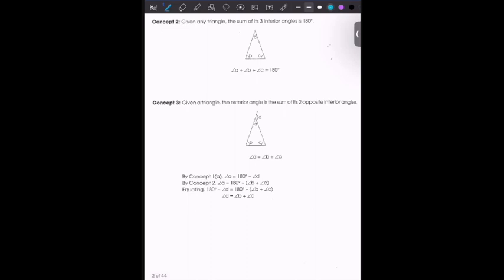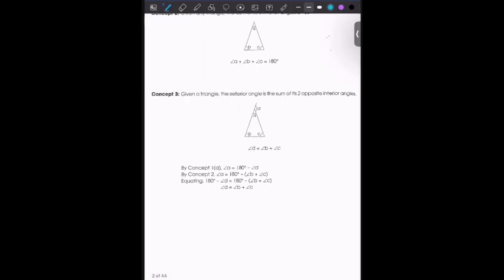And concept 3 is that given a triangle, the exterior angle is the sum of its two opposite interior angles. So this is kind of a tricky concept, but let's look at this diagram.